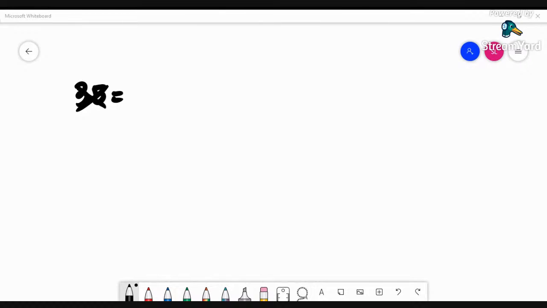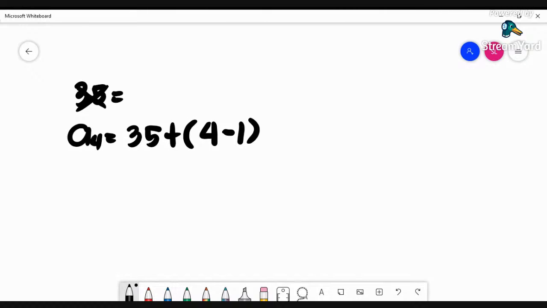Fourth term. So our a sub 4 is equal to our first term, which is 35, plus 4 minus 1 multiplied by the common difference, which is 4. So that is 35 plus 3 times 4.